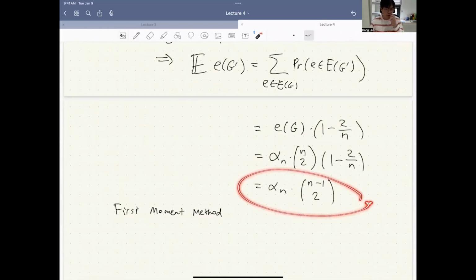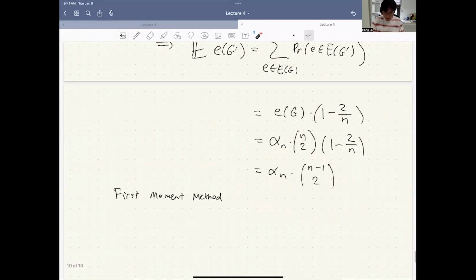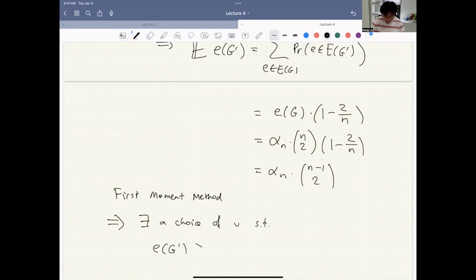Either case is possible, and we're going to do at least. So this implies there exists a choice of V such that E of G prime is at least the expectation of E of G prime, which equals alpha n times n minus 1 choose 2.